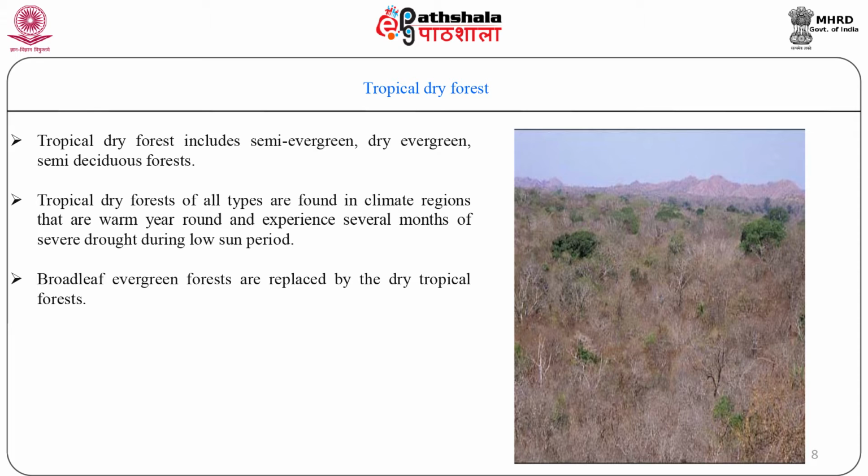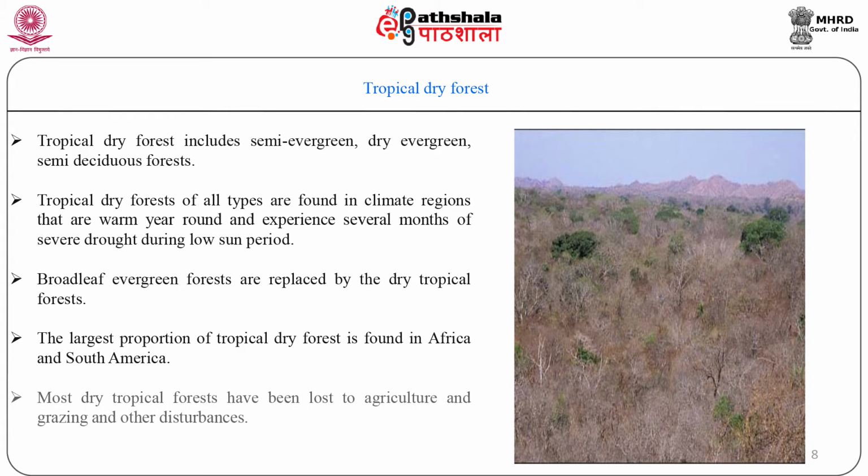During the dry seasons, the drought deciduous trees and shrubs drop their leaves. New leaves are grown at the onset of the rainy season. The largest proportion of tropical dry forest is found in Africa and South America. Most dry tropical forests have been lost to agriculture and grazing and other disturbances.